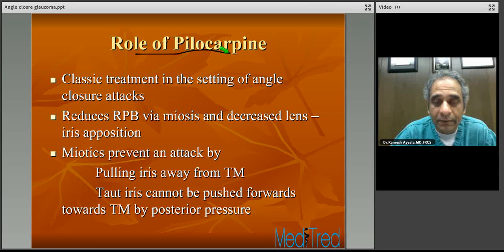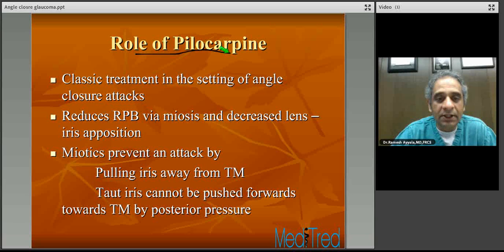Pilocarpine, for your information, is the oldest glaucoma medication, described way back in 1850 or so. We'll have more on the actual mechanism of pilocarpine in the glaucoma medication lecture series. But from the point of view of angle closure glaucoma pathophysiology, I'll restrict the mechanism to this.